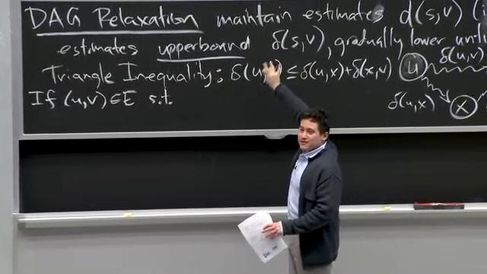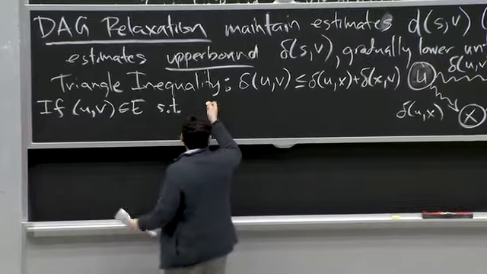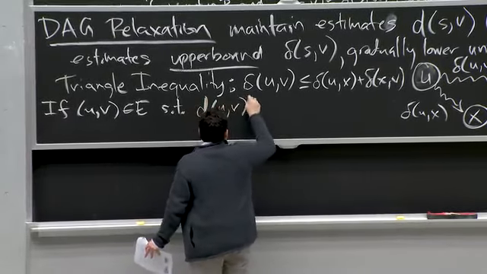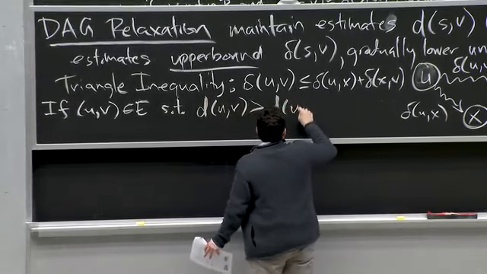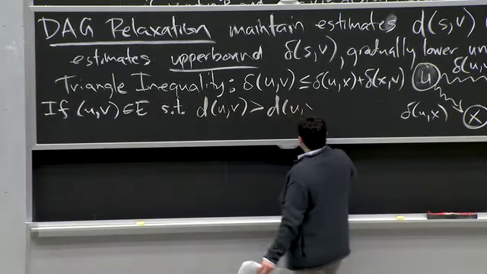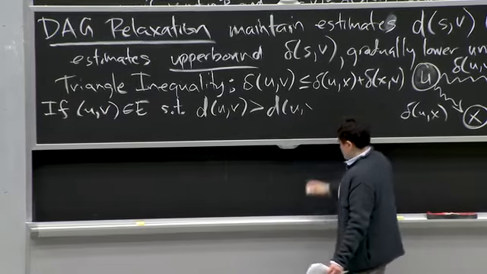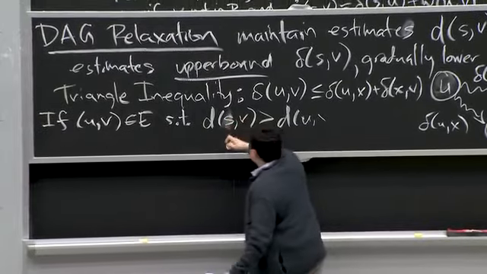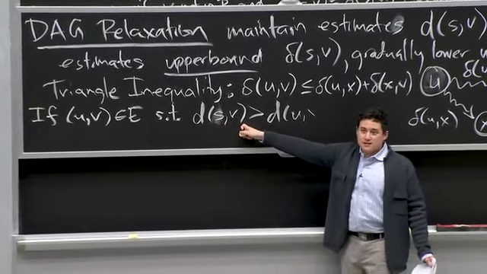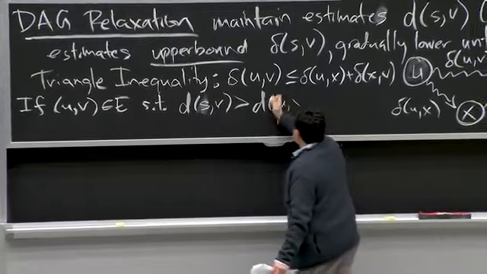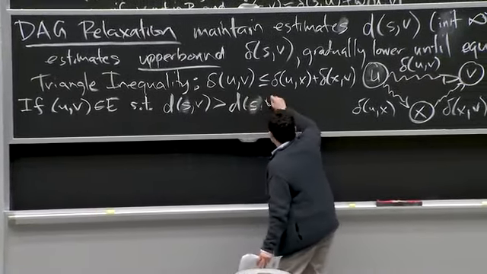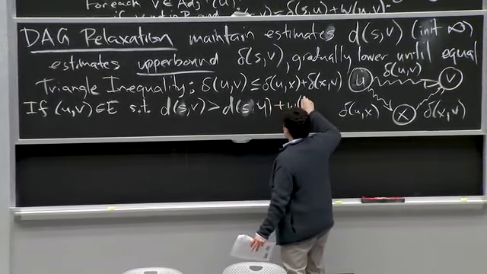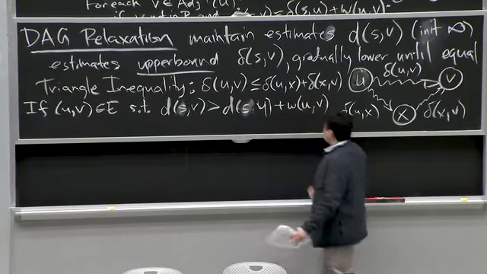It obviously can't be violated on my shortest path distances, but if it violates it on the estimates, d of v is bigger than d of u, how am I going to do this? I want this to be s. I'm calculating shortest path distances from s, and shortest path distance from s to some incoming vertex u, plus the edge weight from u to v, okay?